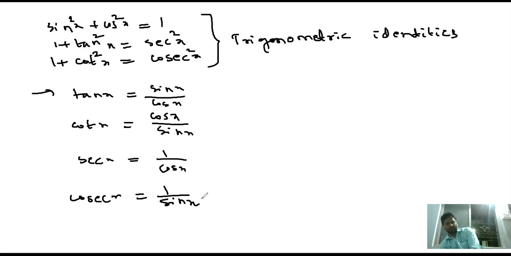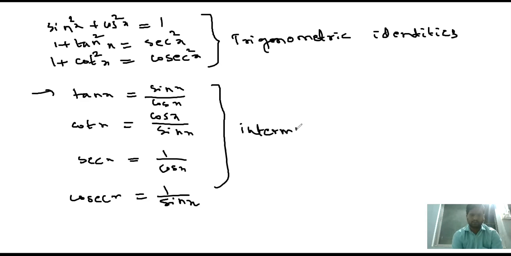So these four trigonometric functions are defined in terms of sine and cosine.